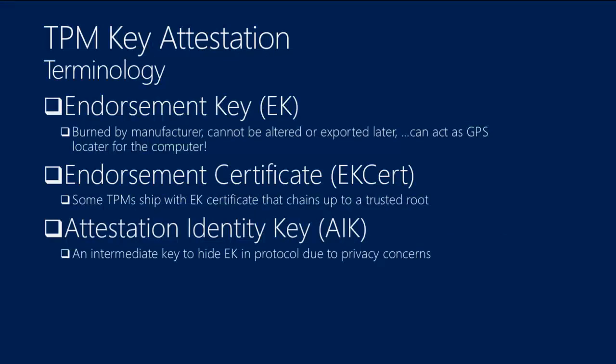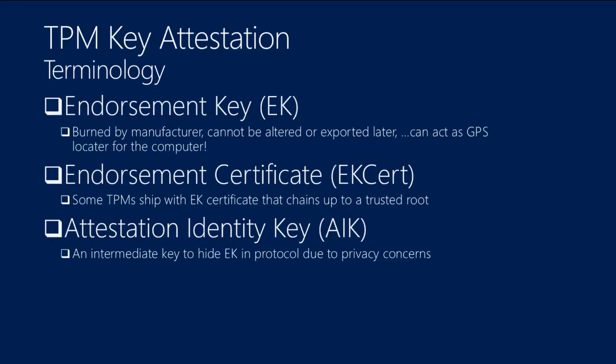To start and go one level deeper, let's talk about terminology. The complexity will not be as much as you might think. There are three types of keys or certificates that every TPM has today. Every TPM that we have today has what we call EK keys, endorsement keys.